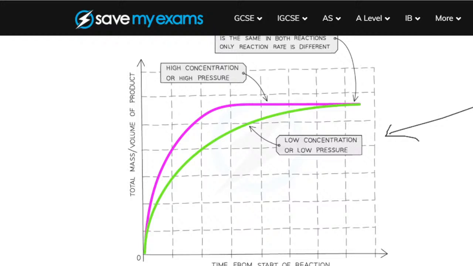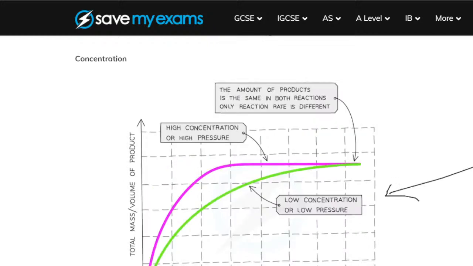So what we've observed from this graph is that high concentration increases the rate of a reaction. If we have a higher concentration, it will result in a faster rate of reaction, and therefore we'll have a steeper gradient in the graph.